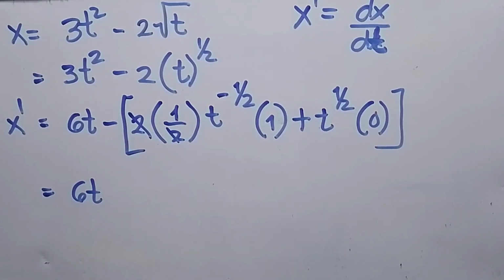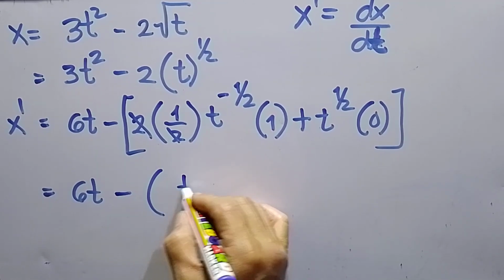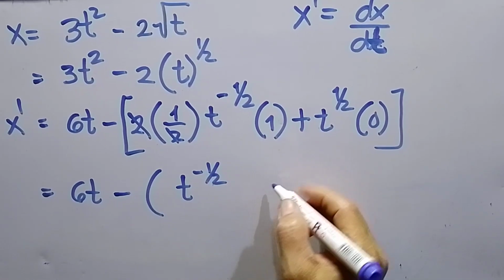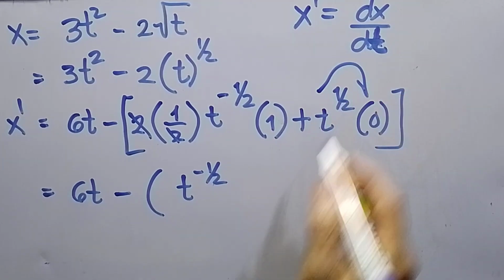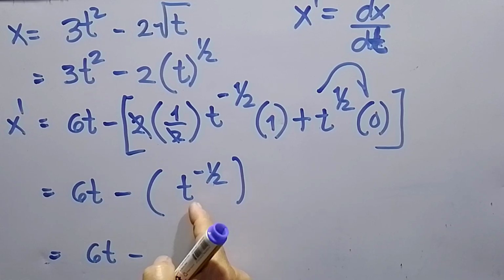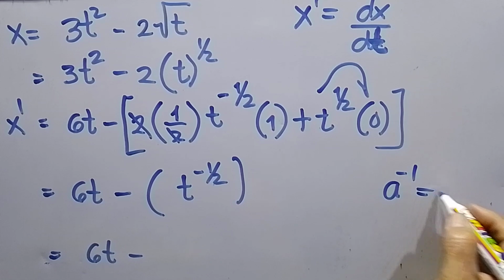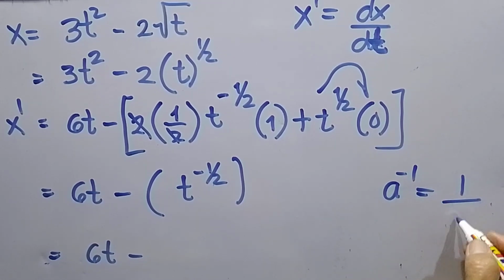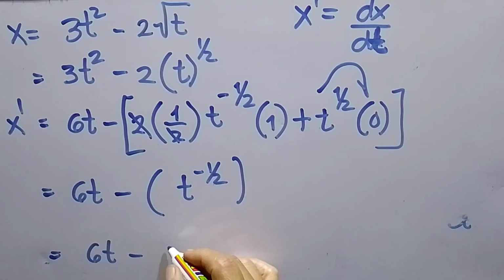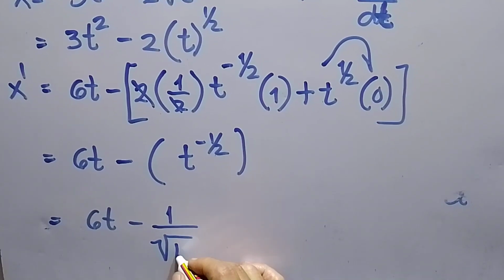This will be crossed out. So I have here minus t raised to negative half. This is 1. Okay, this one will be 0. So I have here 6t minus. By the index law, if we have a negative exponent, we can have 1 over a to the positive exponent. So in this case, I have 1 over square root of t.